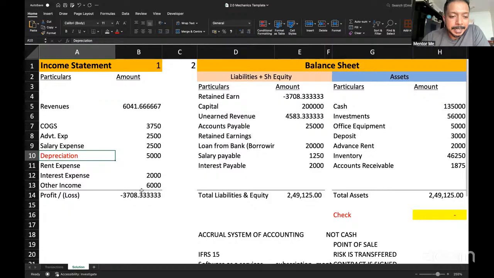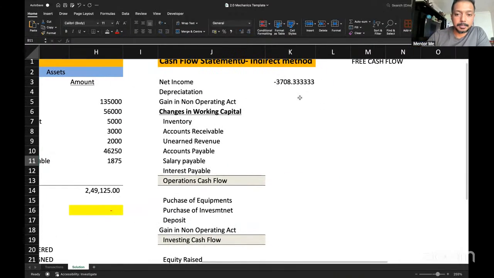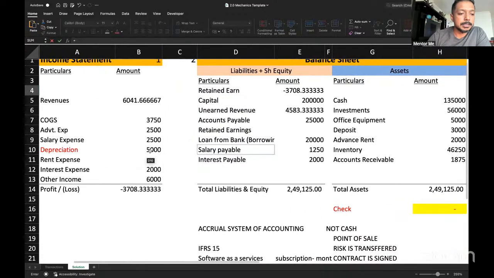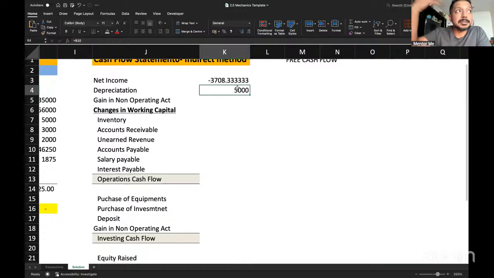So since it was reduced here in the income statement, and remember we're trying to find the real operating cash flow, since it was reduced, we add it back. Okay. So let's just link it. So we add it back, plus.